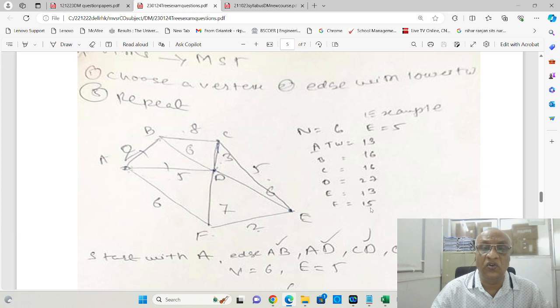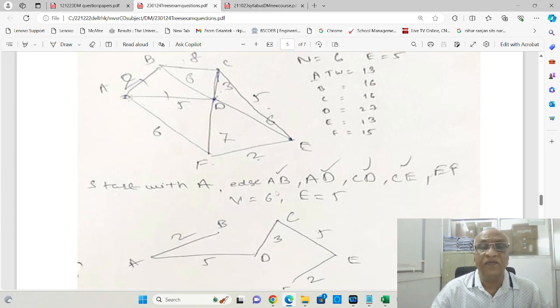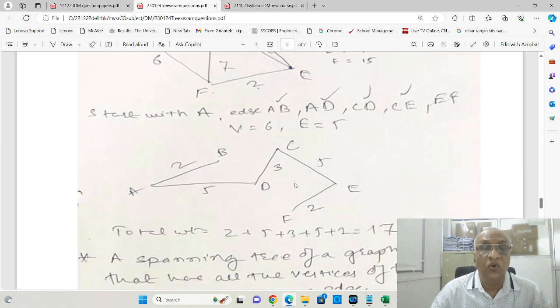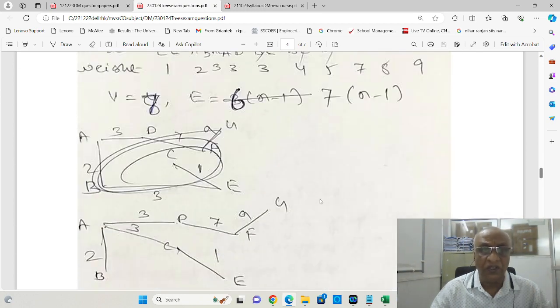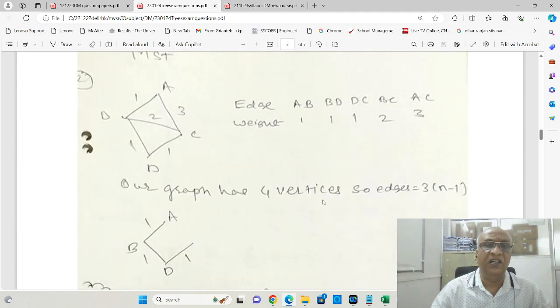So like that you list out the total weights. Whatever vertex you had selected, you pick the edges related to it in such a way that the total weight will be less. This way you will be designing the minimum spanning tree.